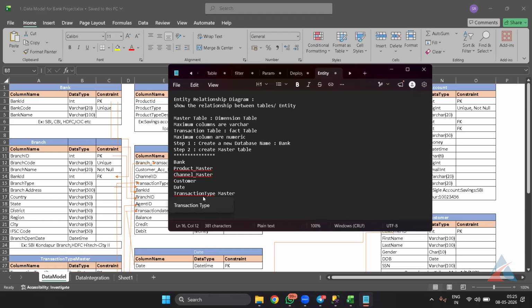But during creation of the master table, we don't need to worry about the arrow, because the arrow indicates how the tables are connected to each other. Should we give a bank name or just leave it as bank? No, the table name is bank.